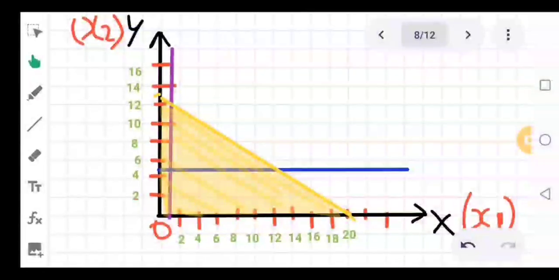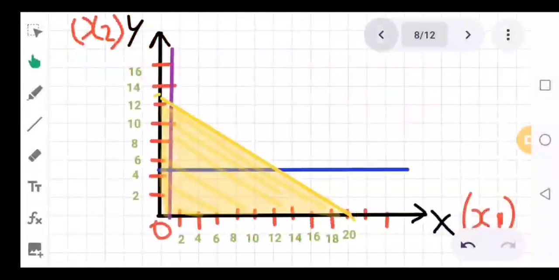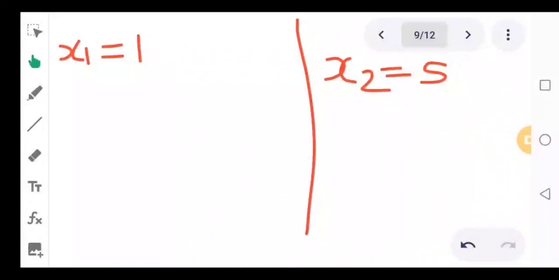Now let's see the second constraint. Your second constraint is x1 is equal to 1, which is represented by the purple line. So what is the sign used here? We have represented it here as equal to because we are converting it into a linear equation just to solve the graph.